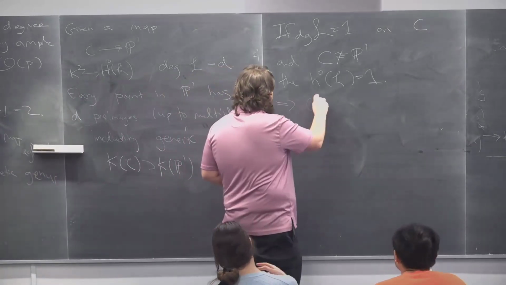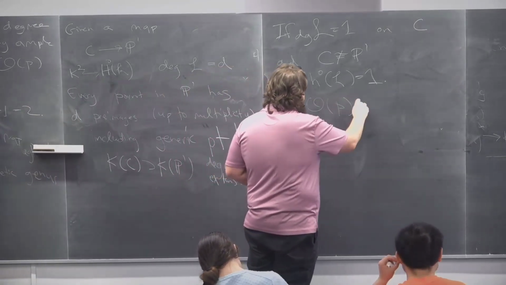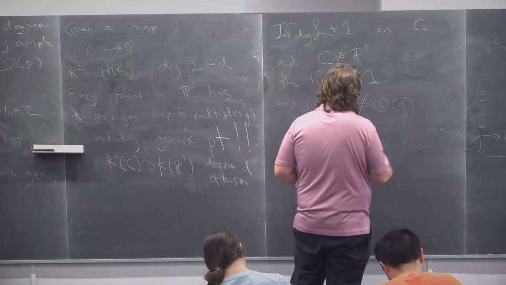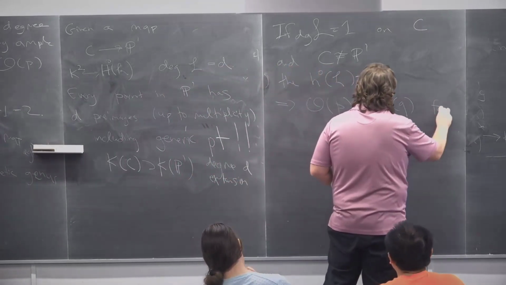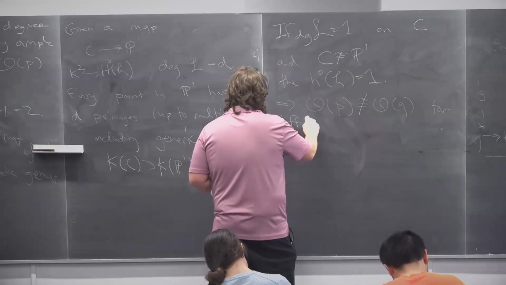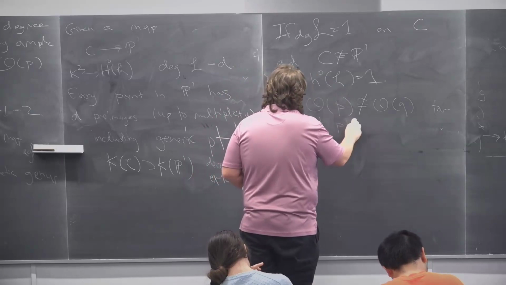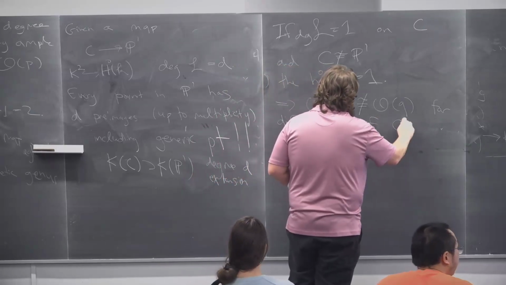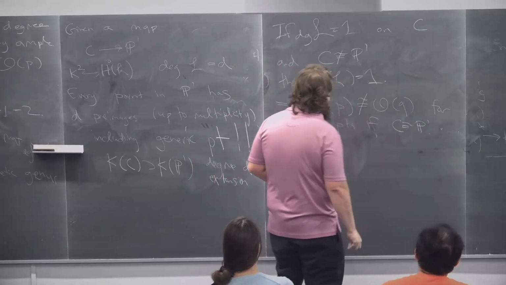So in particular, this implies that O of P is not isomorphic to O of Q for 2 different points, when C is not isomorphic to P1.